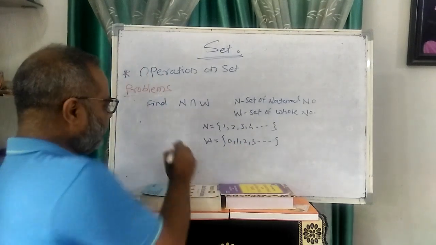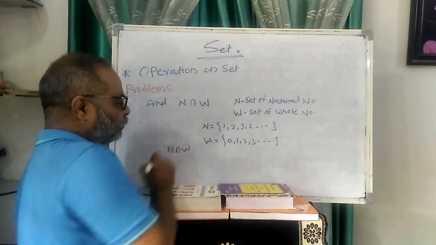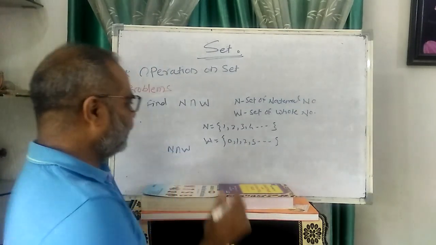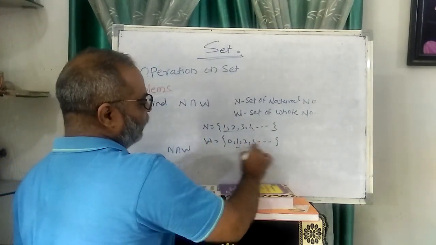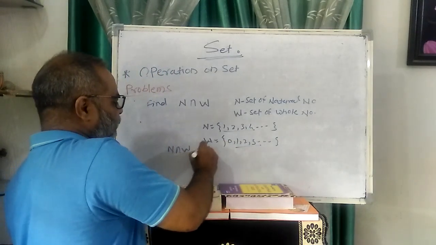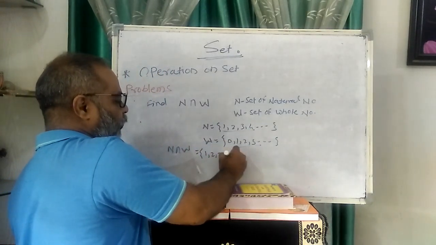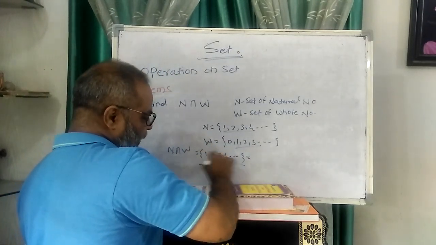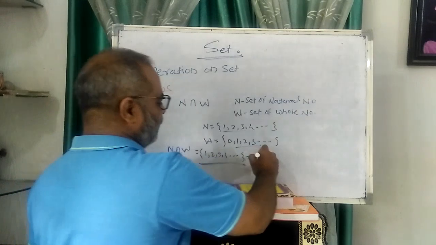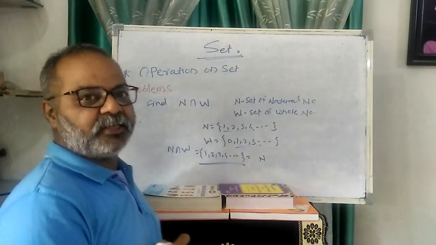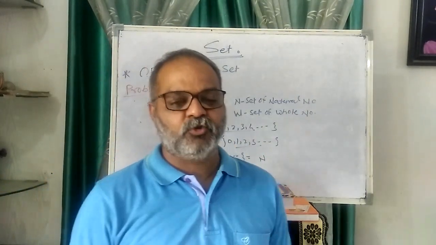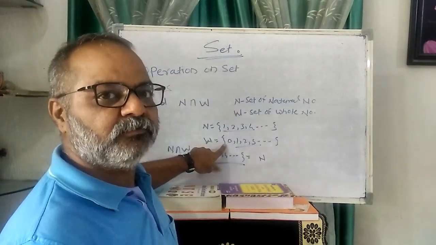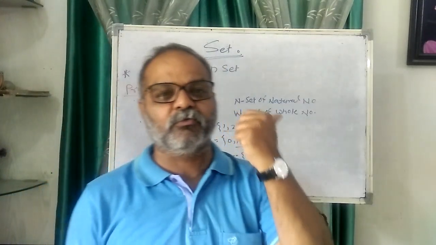Now I find N intersection W, which means only the common elements present. The common elements are 1, 2, 3, 4 and so on, which is N. So N intersection W is N. In our properties of intersection of sets, if N is a subset of W, then N intersection W is also N.